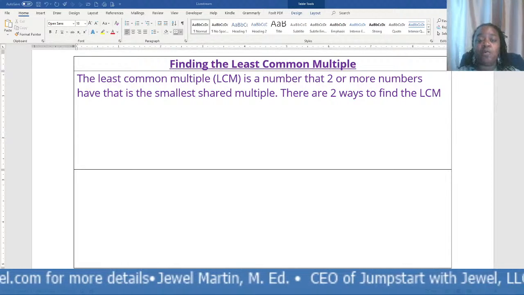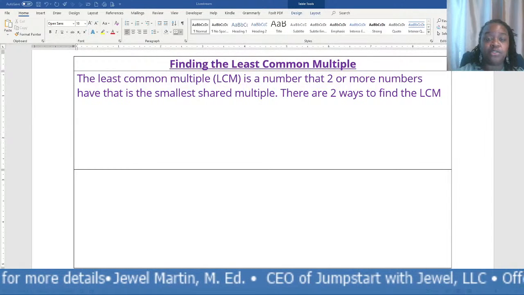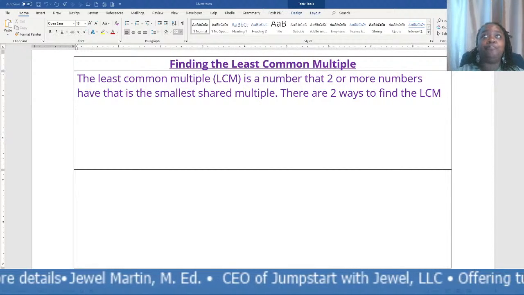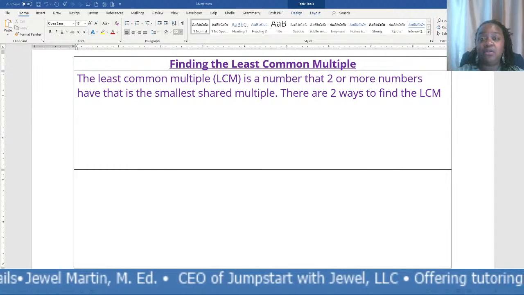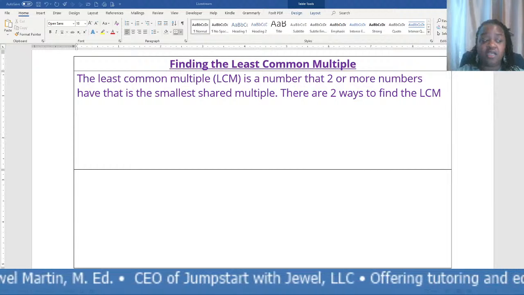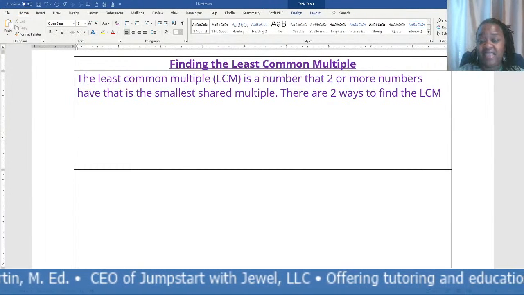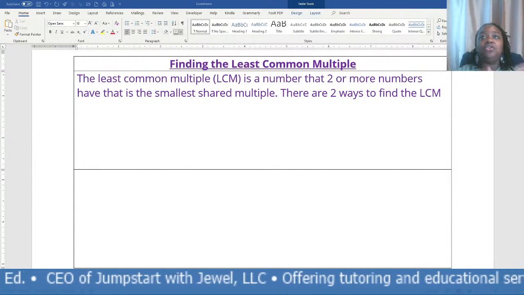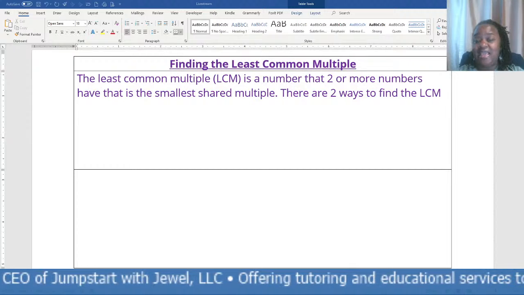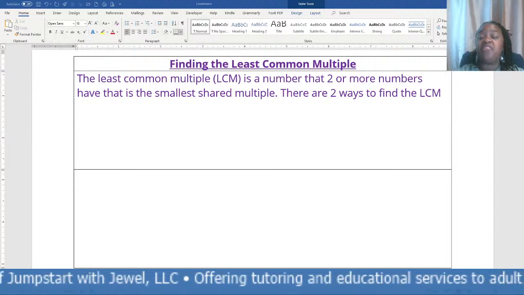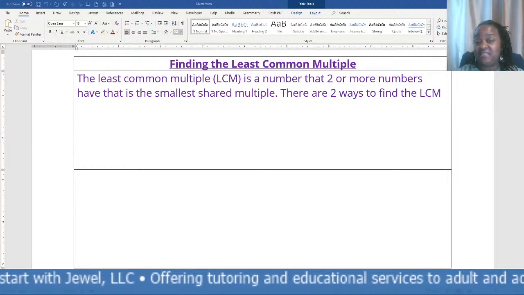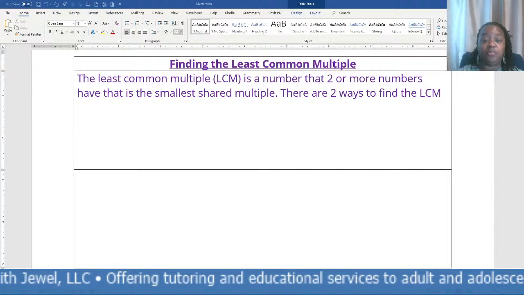If you remember, when I was teaching on multiples, a multiple is basically the answer, also known as the product, of 2 numbers that are multiplied together. So for instance, 2 times 4 is 8. While 2 and 4 are the factors, 8 is the multiple. 8 is a multiple of 2.